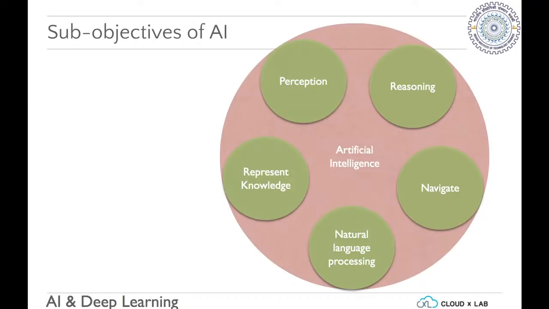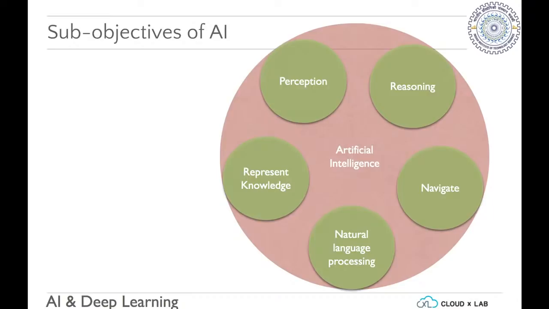They said that in case a being or a machine shows these 5 characteristics: perception, reasoning, navigation, natural language processing, and representing knowledge. If a being is displaying these 5 characteristics, we call that being intelligent.